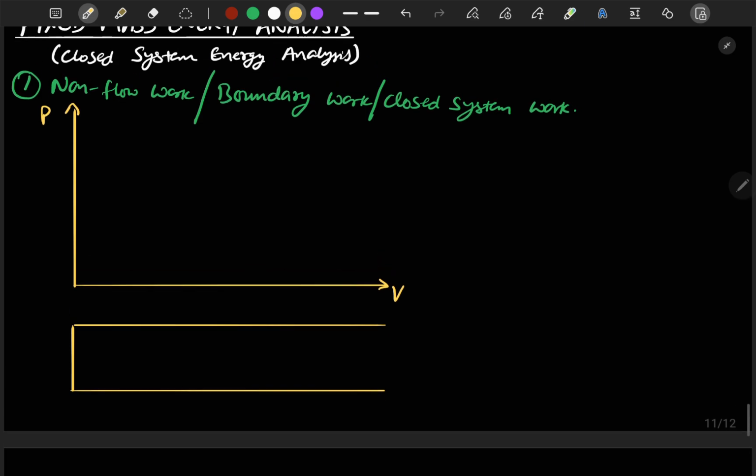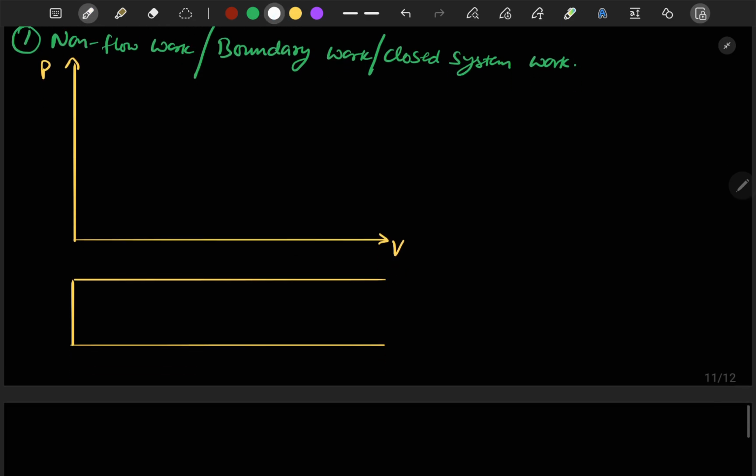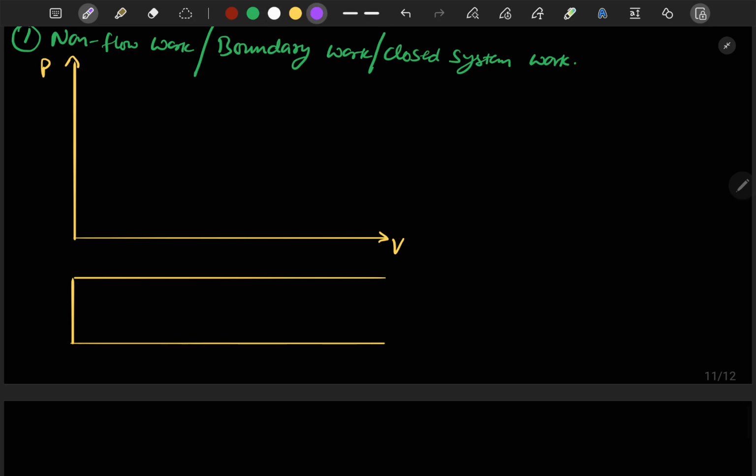Let's say this is the initial position, and this is the final position. Let me draw it again. Okay, like this. So this is point 1, point 2, location 1, location 2.